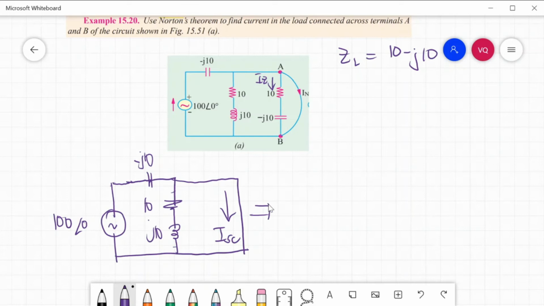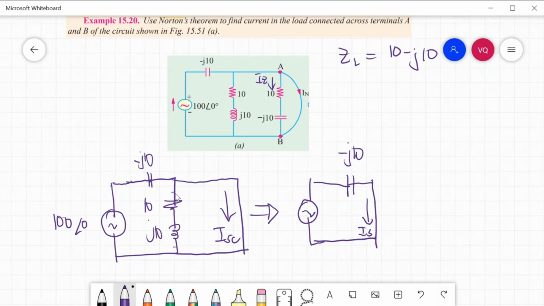So it will be simply negative J10 and our source. This will be our ISC. So this branch is open because more current will go to this branch.